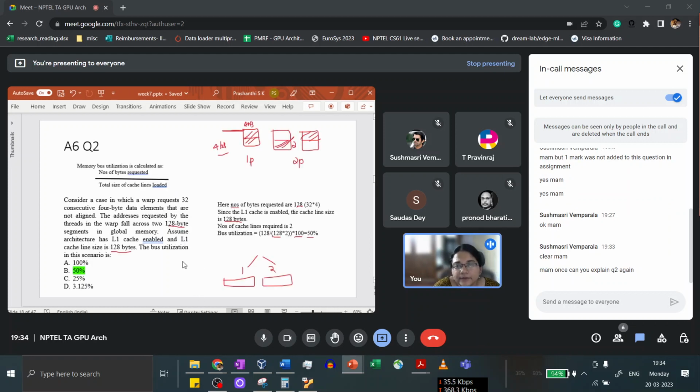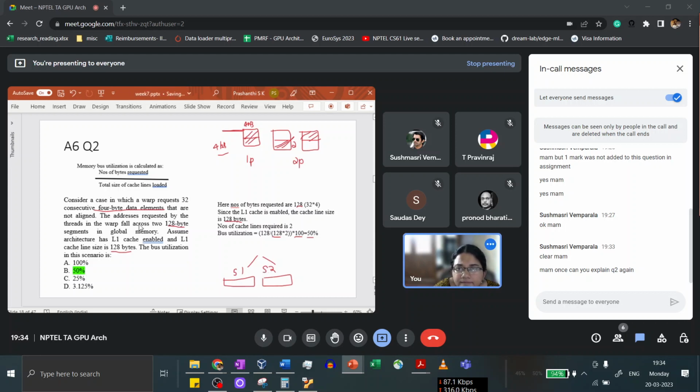Right. So here, what we are told is that there are 32 consecutive 4-byte data elements that are requested, right? And we are told that these addresses fall across two 128 byte segments, right? So this is segment 1, this is segment 2.